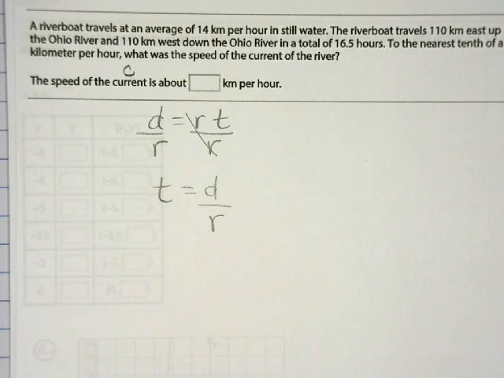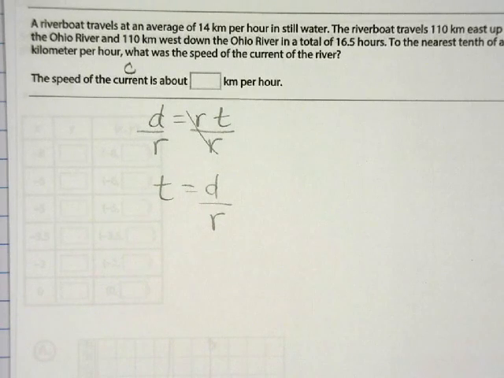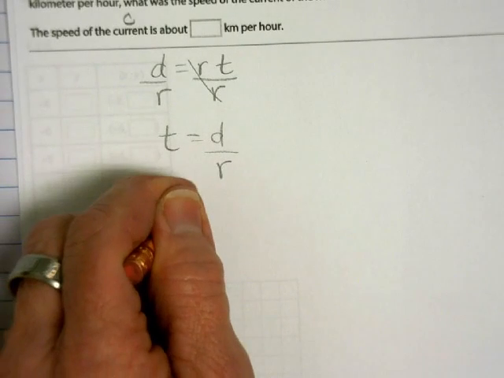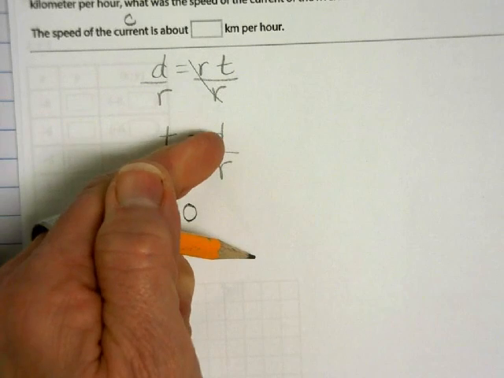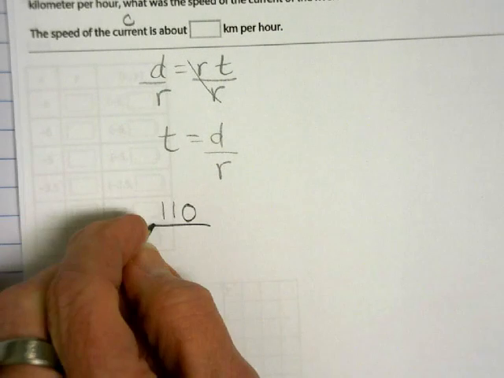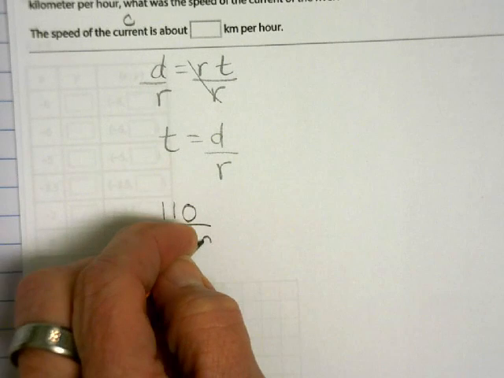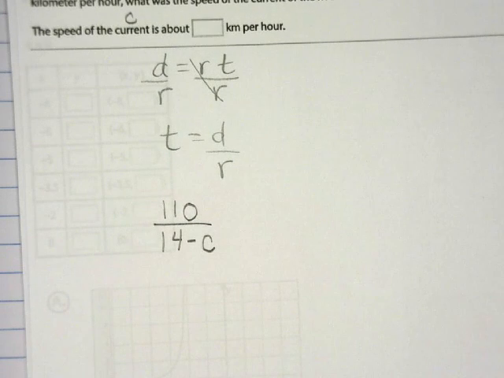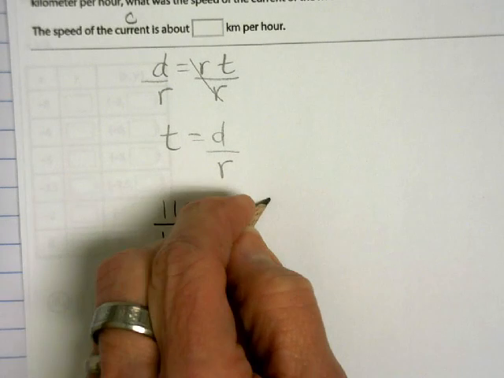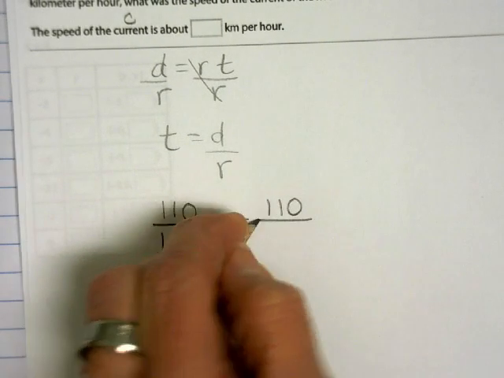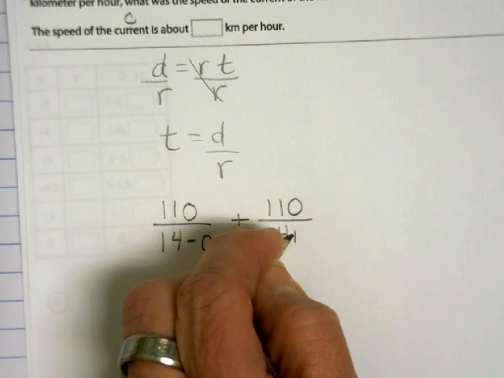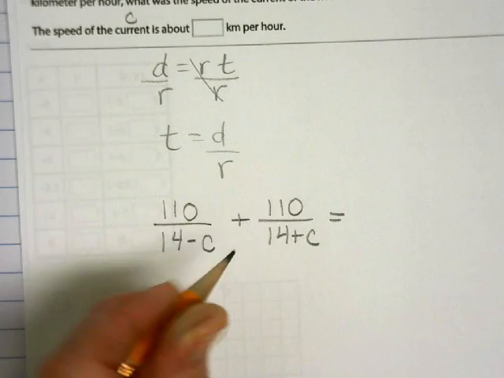So what am I going to do? I need the current. They didn't give me a variable to put in the current because all they wanted me to do is solve the problem. So I'll call the current C. As you go up a river, the current is against you, so you're going to go slower. So up the river is 110, that's your distance, and without a current, it's 14, minus C, the current making you go slower.